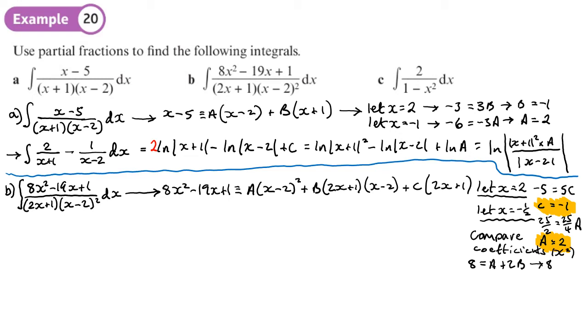So 8 equals 2 plus 2b, which means that b must equal 3. So there we go, just put that down there.